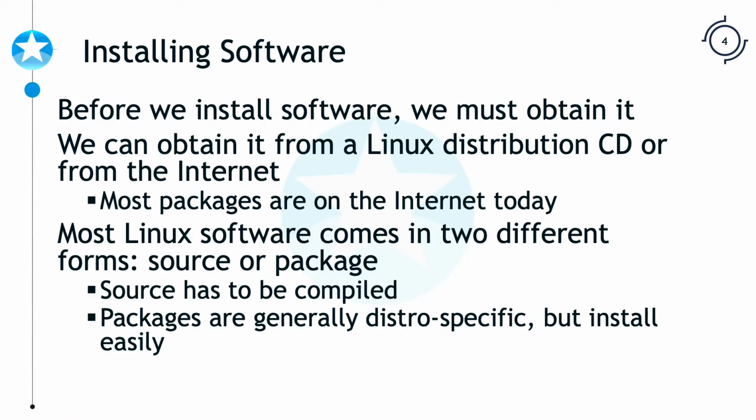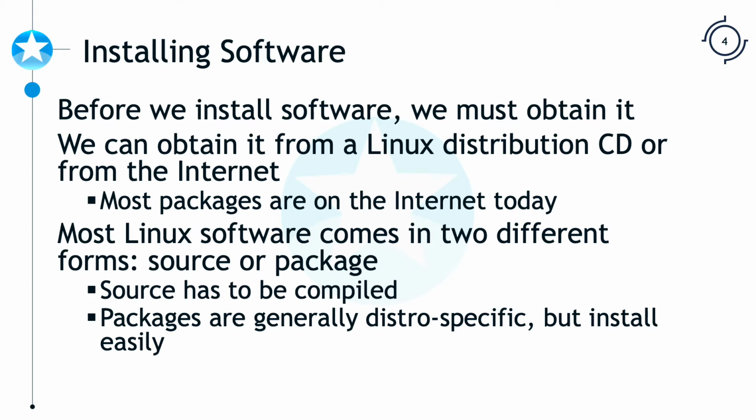Now, before we can install software, we of course need the software to be installed. What we could do is get it from a CD or DVD, like it's 1995, or more likely from the internet. The vast majority of these packages are going to be available that way. Now, the packages, the software, come in two different forms.